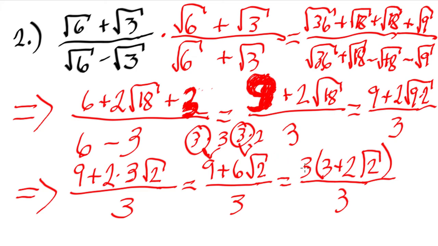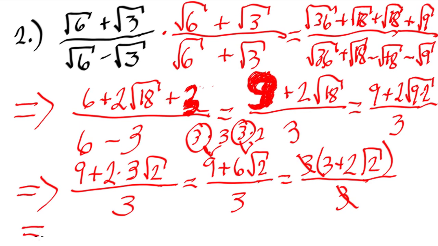Since the 3 is out, we can cancel it with our denominator 3, which gives us our final answer: 3 plus 2 square root of 2.